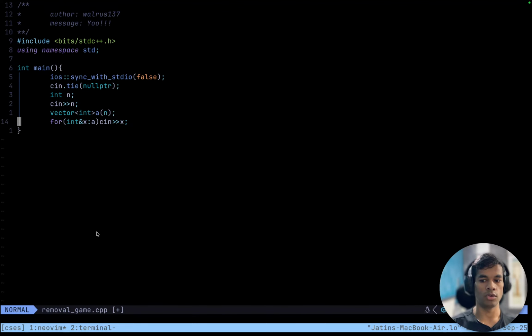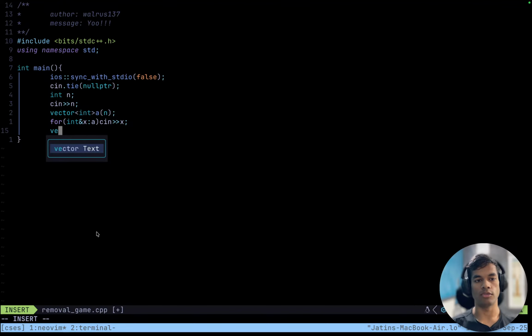Doing this with tabulation is going to mess up, because this... no, we can do this with tabulation, a vector of vector of int.